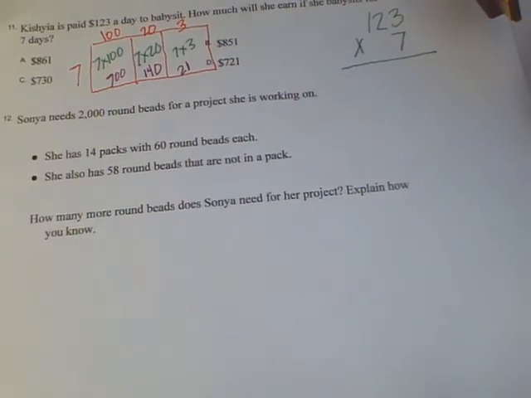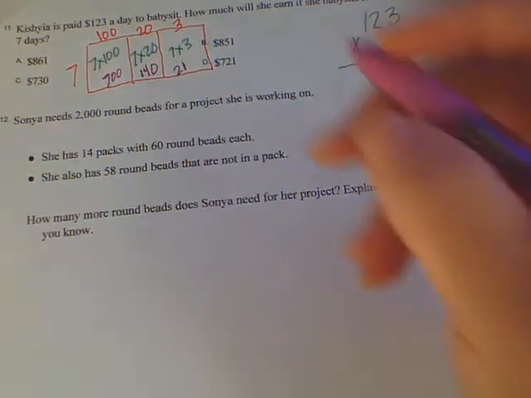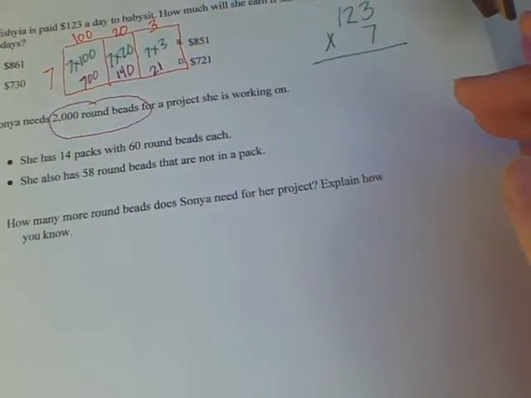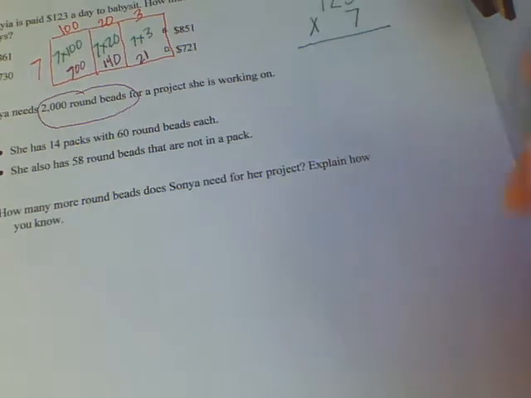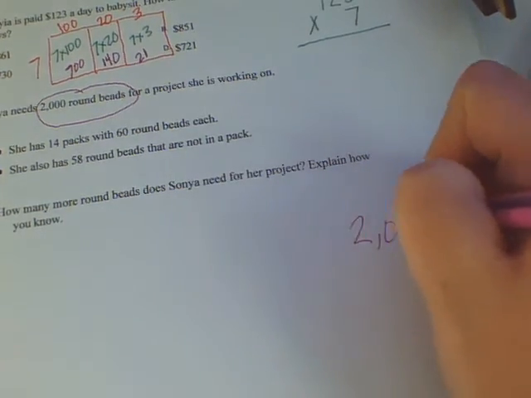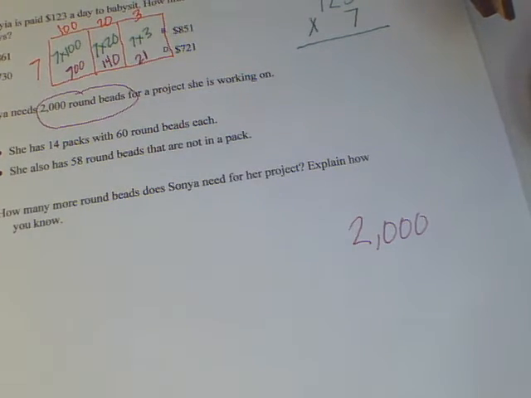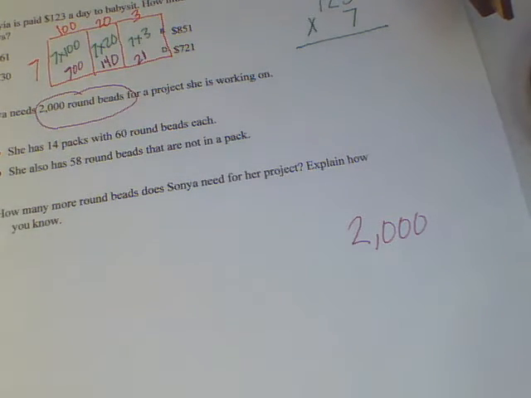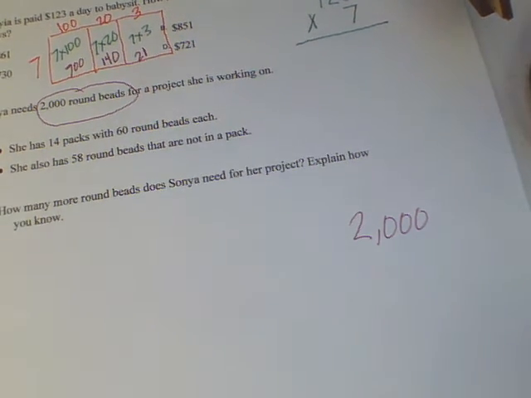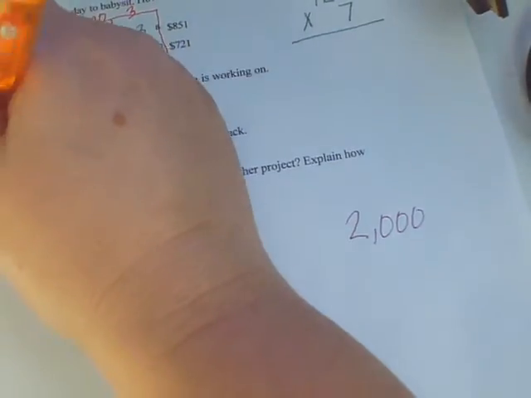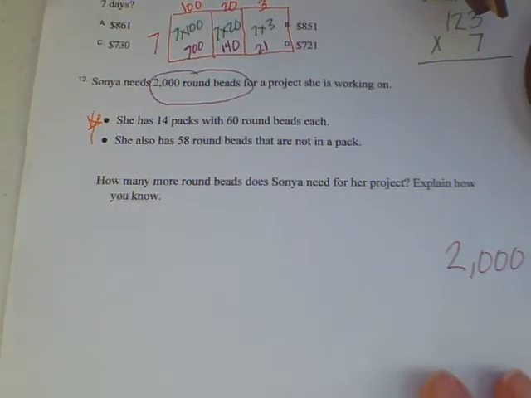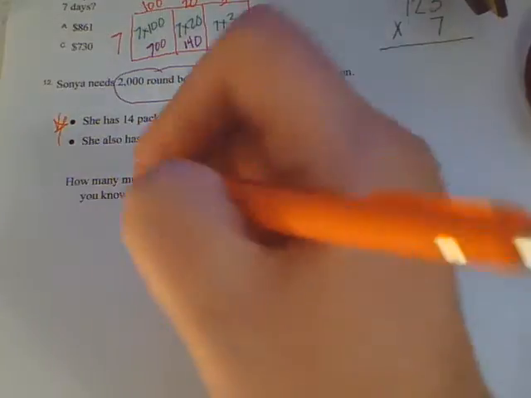Number 12. Sonia needs 2,000 round beads for a project she's working on. So we know that she needs 2,000. She has 14 packs with 60 round beads each.